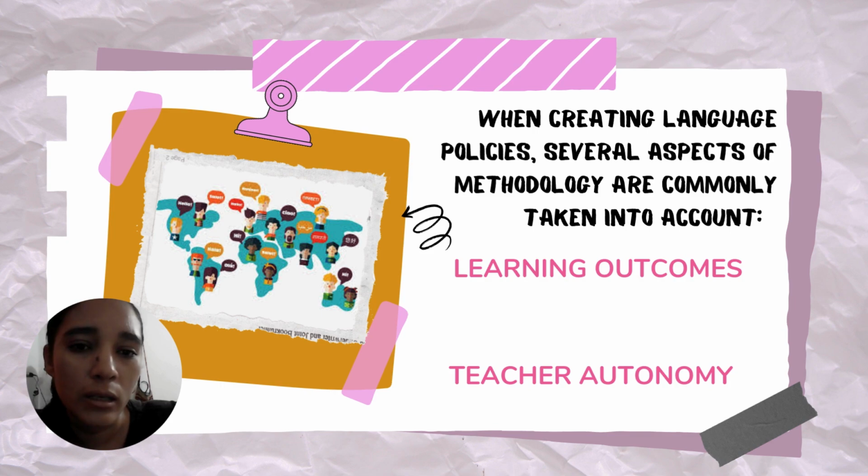When creating language policies, several aspects of methodology are commonly taken into account. Two aspects are learning outcomes and teacher autonomy. Learning outcomes: policies are usually aimed at achieving specific linguistic competence, whether communicative skill or grammatical accuracy, which influences the choice of methods.